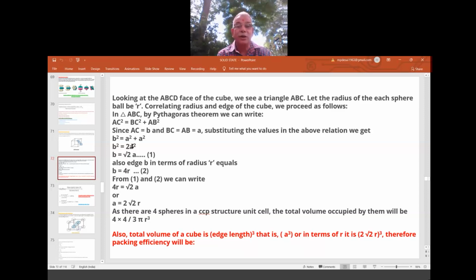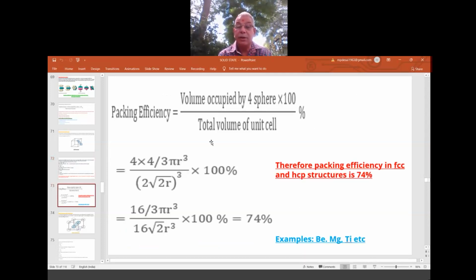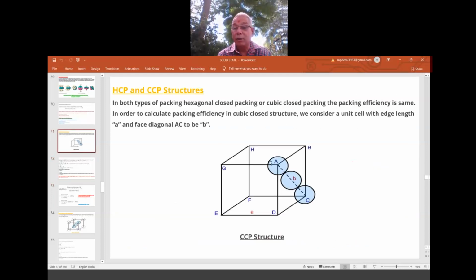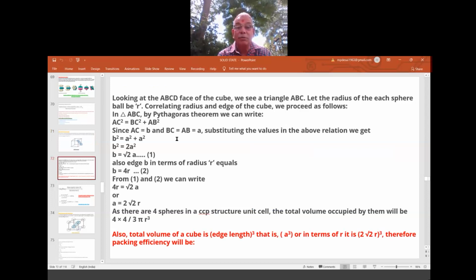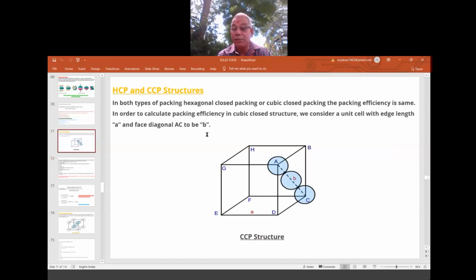Since AC equals b, and BC equals AB equals a. AC equals b, this is taken as one length. Then BC equals AB equals a. Why a? a is taken as the edge length of the unit cell.